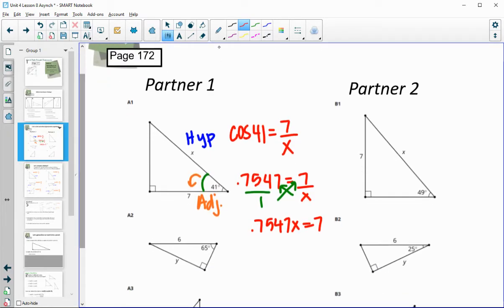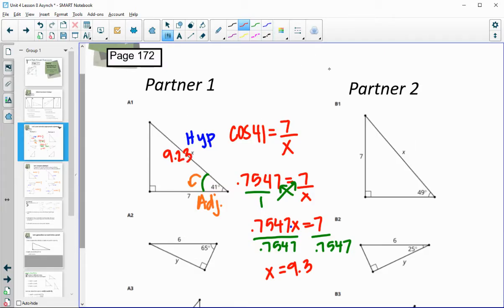Remember, to get rid of this decimal that's being multiplied by the x, we would divide by it. So divide both sides by 0.7547. 7 divided by 0.7547 is about 9.3. So that's what we would get for the hypotenuse in part A.